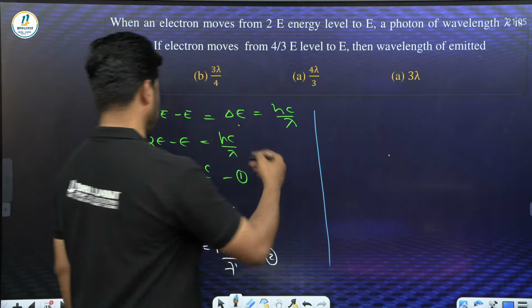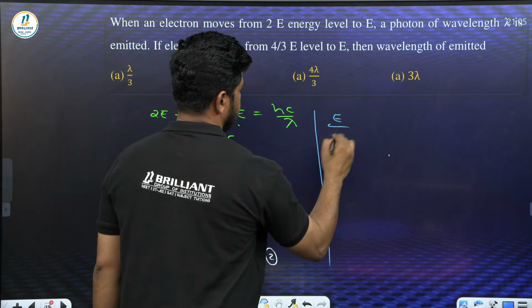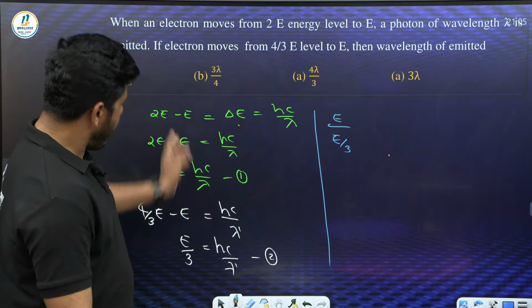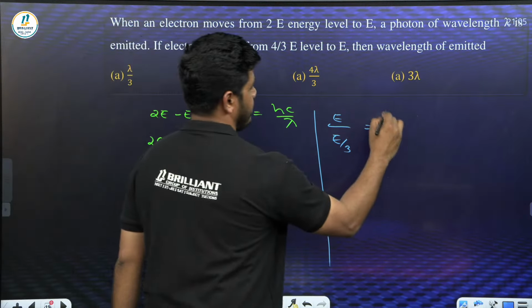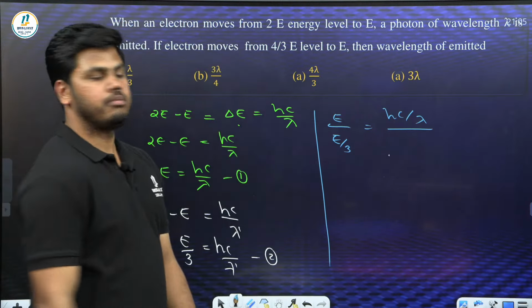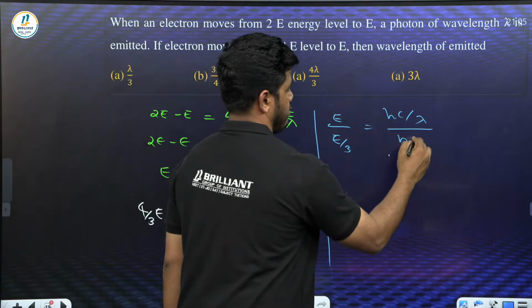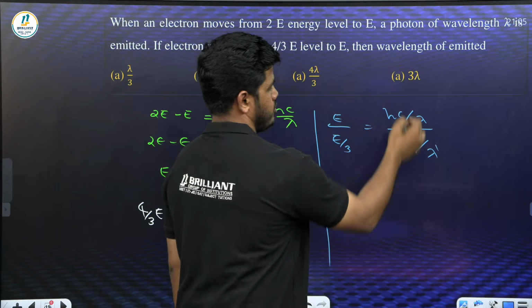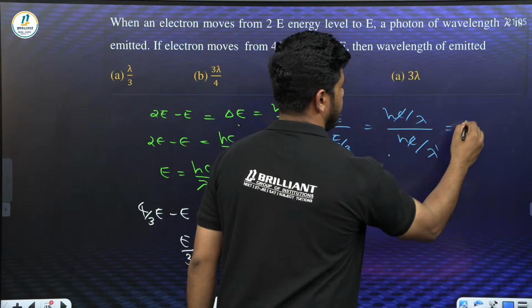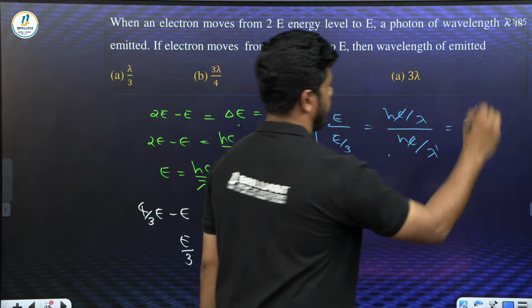You can take the ratio. First equation is E divided by E by 3, that is the LHS of equations 1 and 2. RHS is hc by lambda divided by hc by lambda dash. So we can cancel hc. 1 by lambda divided by 1 by lambda dash is going to be lambda dash by lambda, correct?